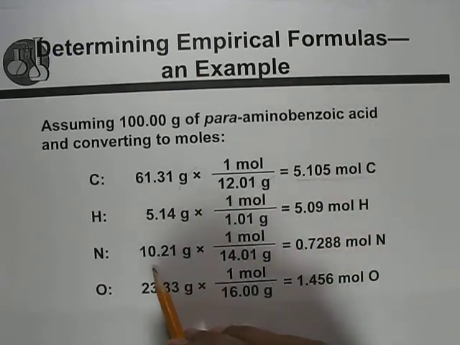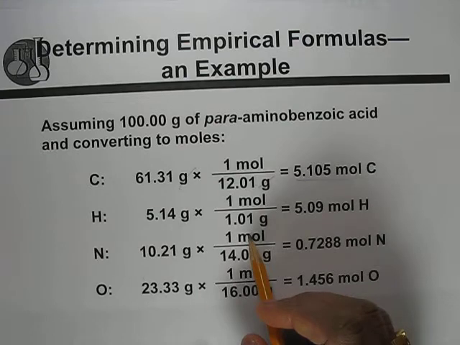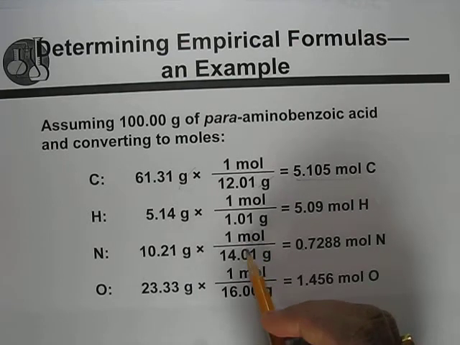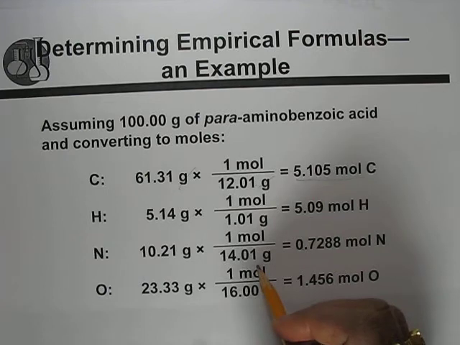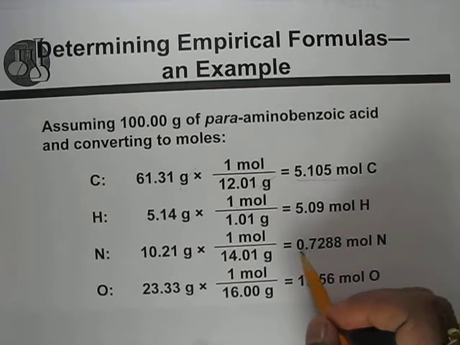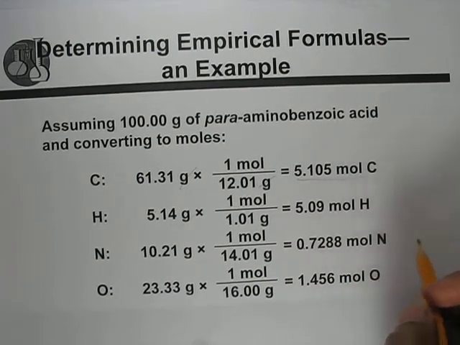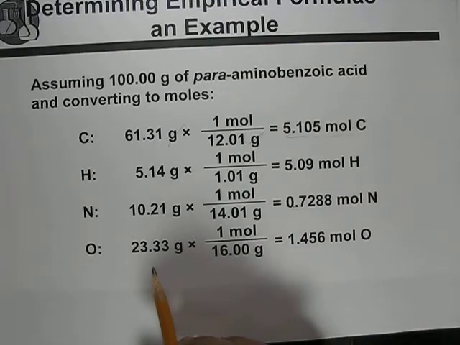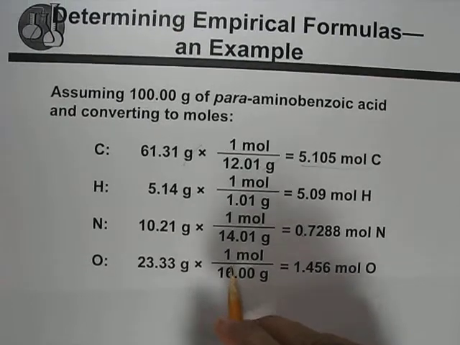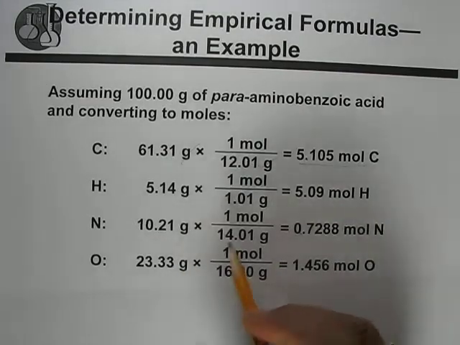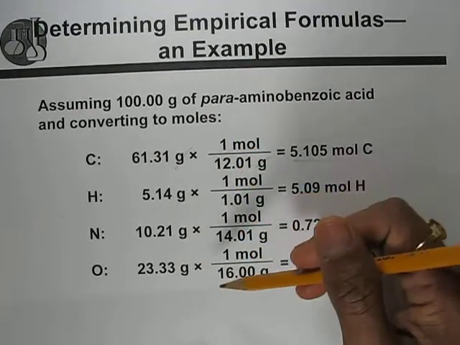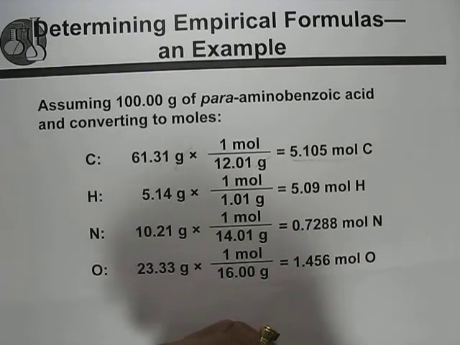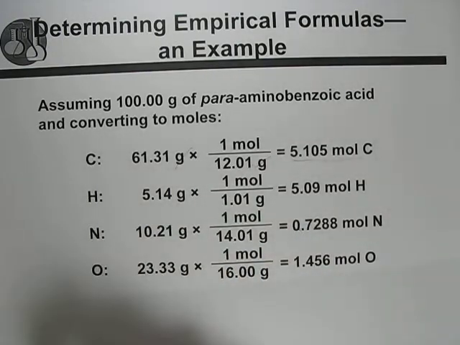For nitrogen, 10.21 multiplied by 1 mole divided by 14 gram, and this gives 0.7288 mole of nitrogen. In the same way we find how many moles are in 23.33 gram of oxygen. So we just convert the percentages into gram, and when we add them they become 100%, a sample of 100 gram.